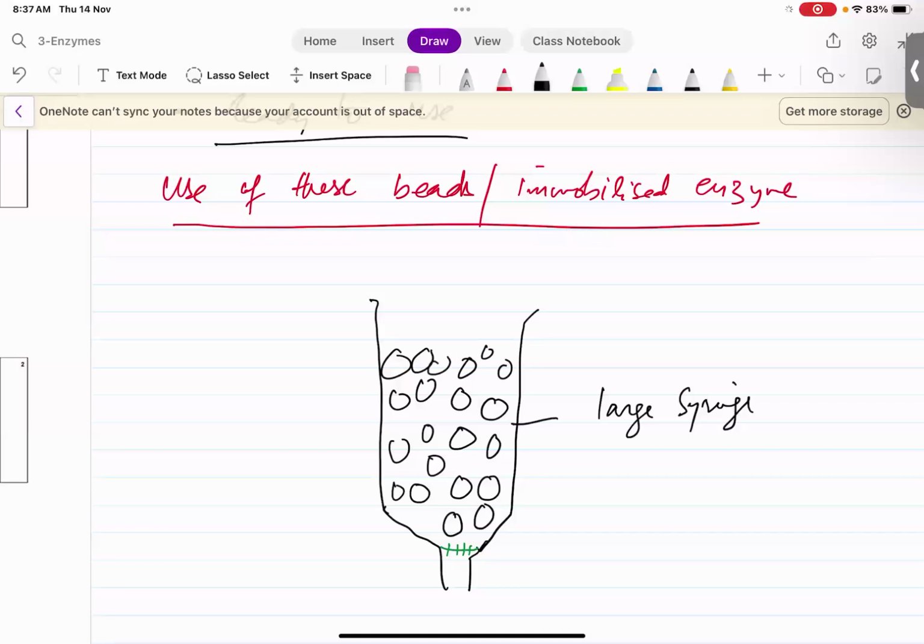Okay, so these are beads with immobilized amylase.